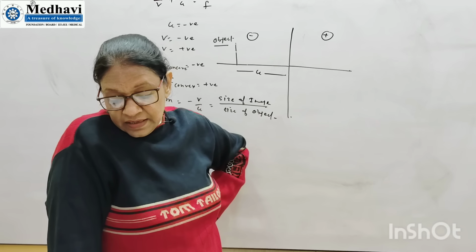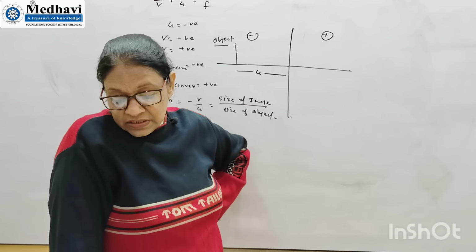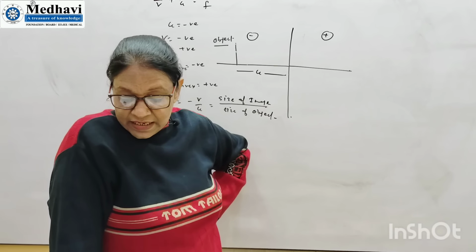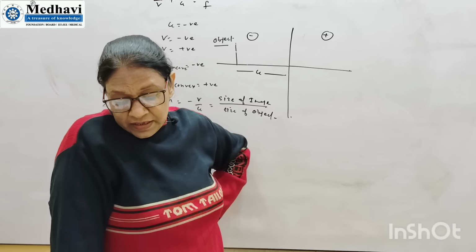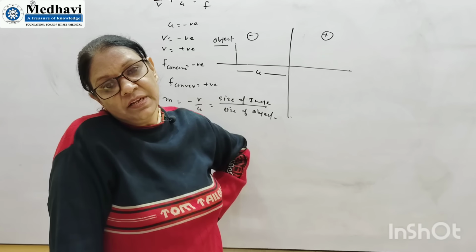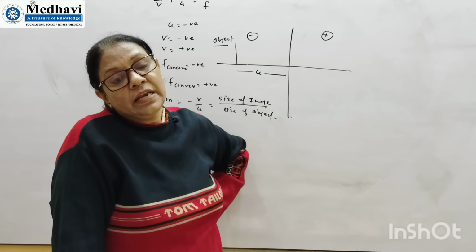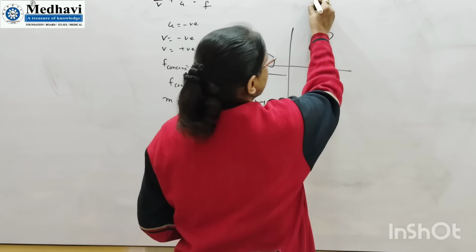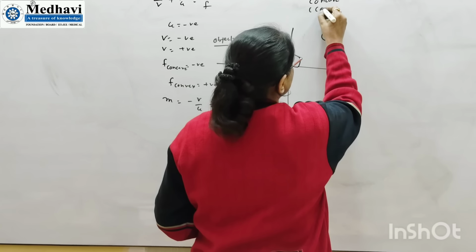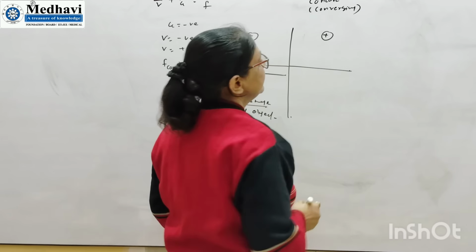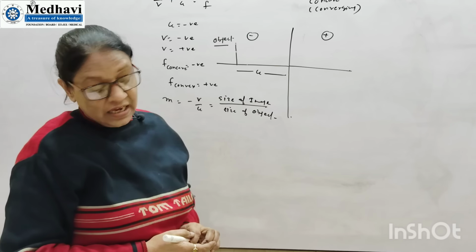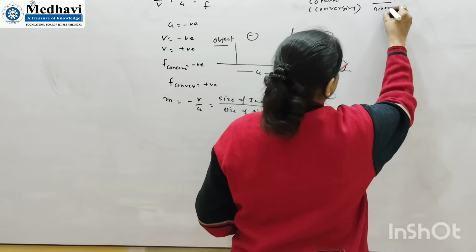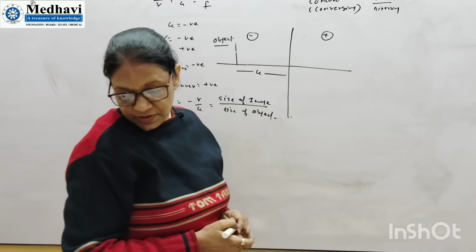Whereas in a convex mirror, silvering is on the inner or hollow surface, and light strikes the bulging surface. A concave mirror is also called a converging mirror, very important information, because light converges at a point. Whereas a convex mirror is called a diverging mirror because here light spreads out.